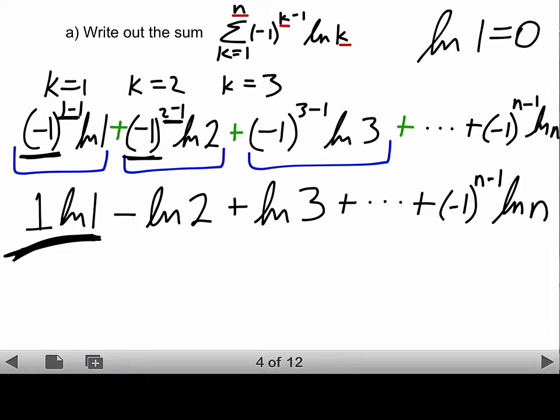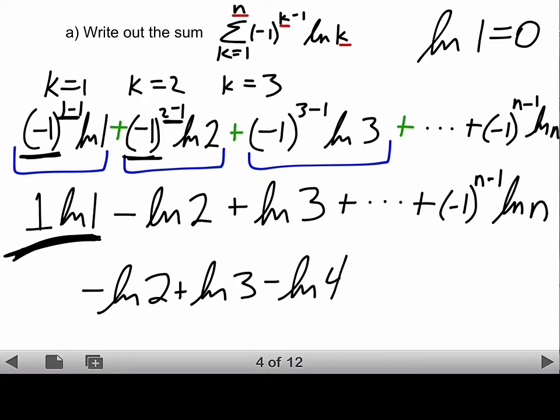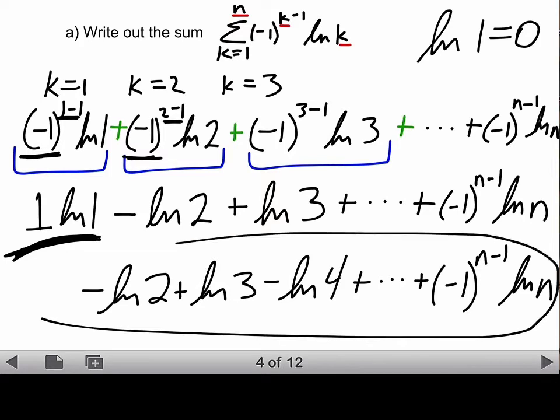So if we were to simplify this, we would say this is negative natural log of 2 plus the natural log of 3 minus the natural log of 4. Hey, where'd he come from? We knew what was next, didn't we? Plus dot, dot, dot, plus negative 1 to the n minus 1 times the natural log of n, and we have now written out this sum as we were directed.